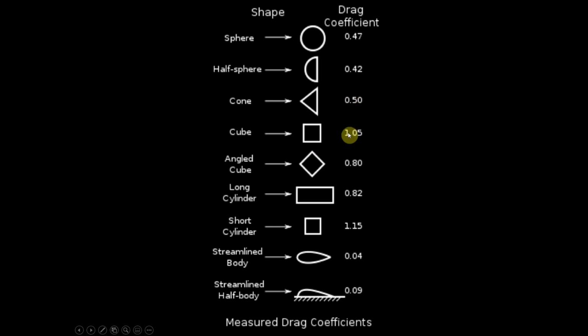Cones at 0.5, cubes at 1.05, but angled cubes at 0.8. So you can imagine how this object would respond if it were tumbling through the atmosphere and constantly changing its drag coefficient. Long cylinders and short cylinders have significantly different drag coefficients, and then streamlined bodies such as teardrop shapes or wing shapes will give you very low drag coefficients on the order of 0.04 or 0.09.